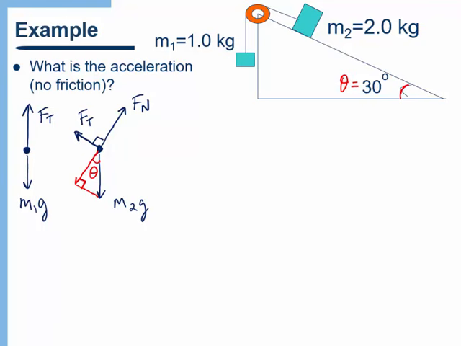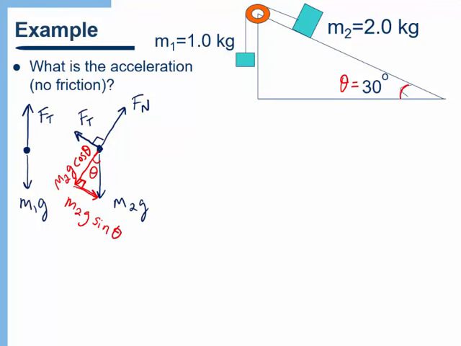So this component of mg is again the adjacent component, m2g cosine theta. And this component is the opposite side, so it's m2g sine theta. So we've got our free body diagrams, and we've broken into components any force that's not either in the x or the y direction.